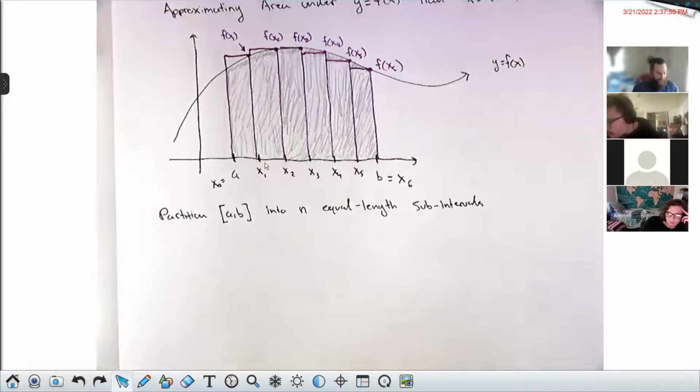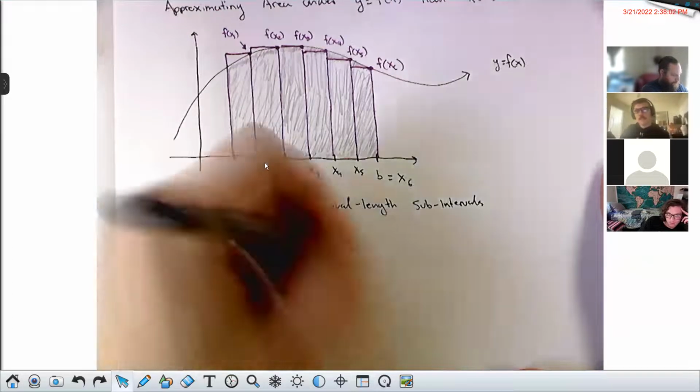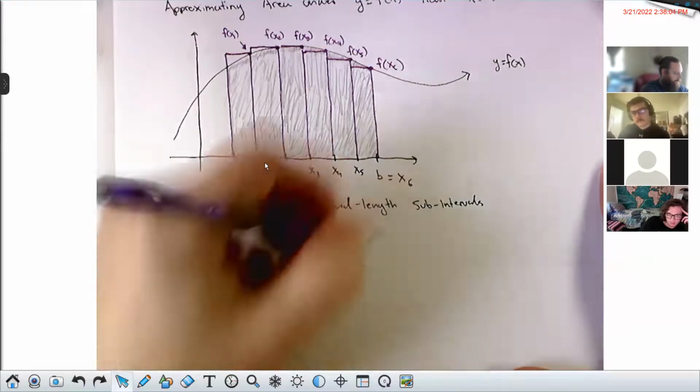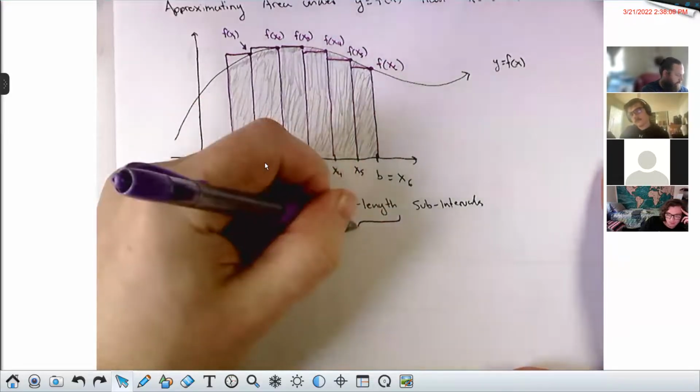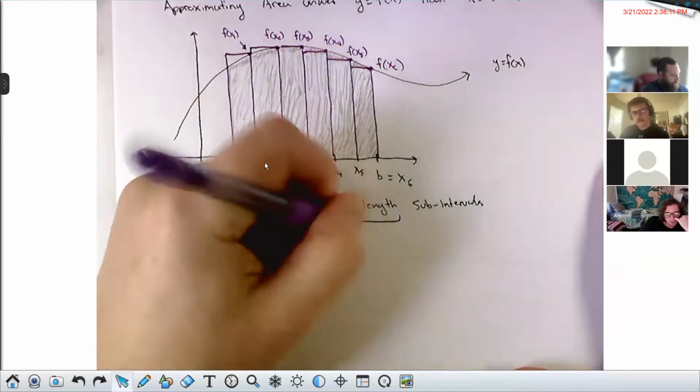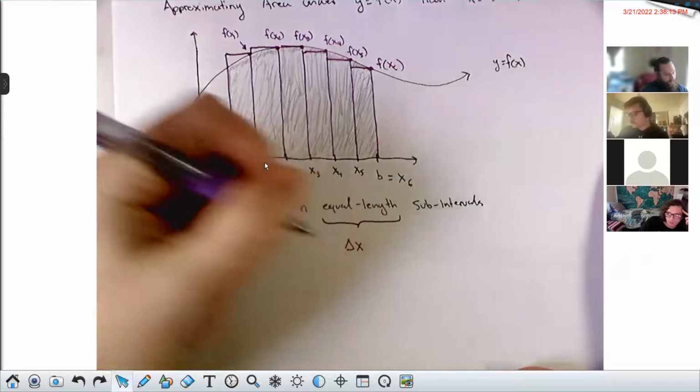So what do I get with my approximation? One important thing I haven't told you is the length of each of these. What is the width of each of those subintervals? Well, we call this delta x.